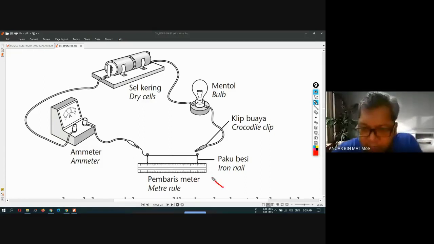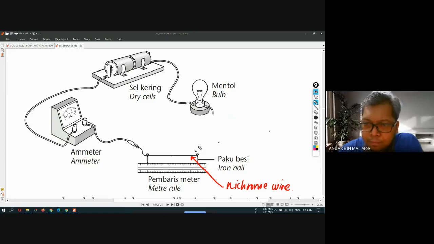I just make another line here. Nichrome wire. And then we have the crocodile clip over here. I will erase it as well, for easier for you to see what is happening.